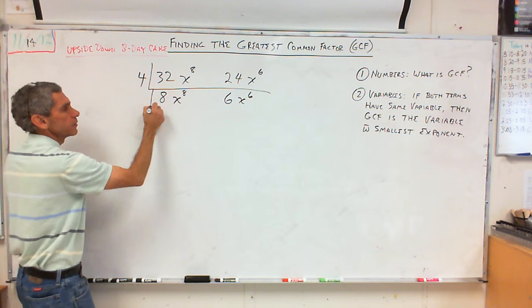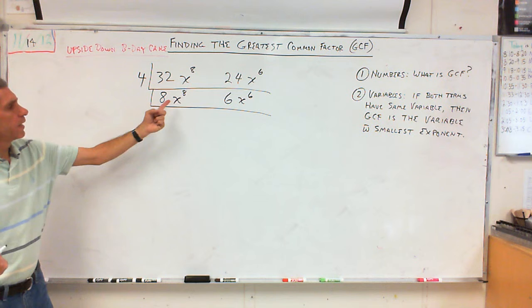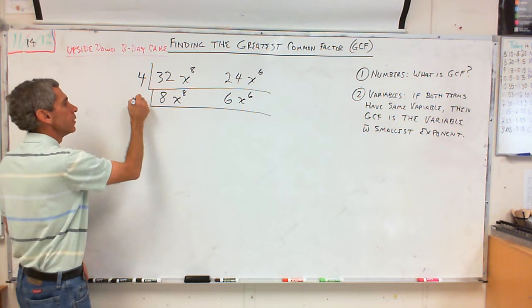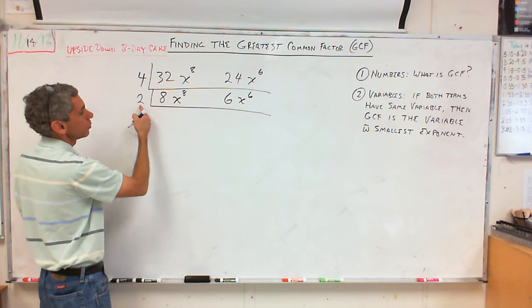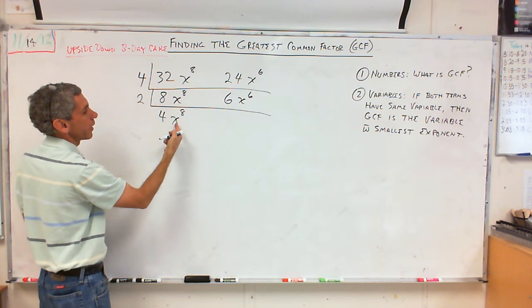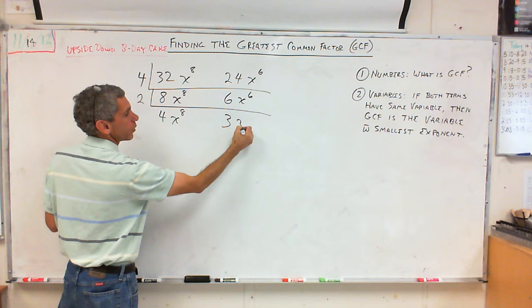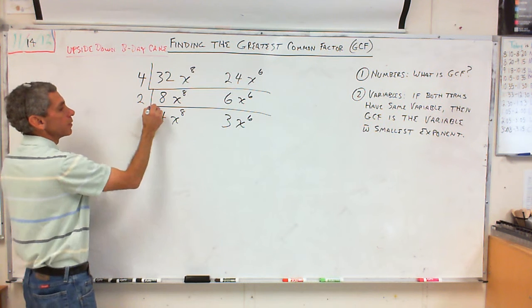All right, now my next layer, my birthday cake. What goes into both 8 and 6? 2. So 2 times 4 is 8, and I'm going to have to bring down my x to the 8th again. 2 times 3 is 6, and I have to bring down my x to the 6th. Am I done yet?